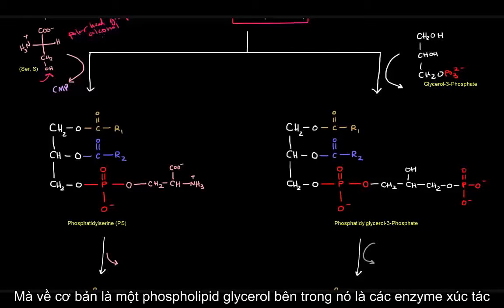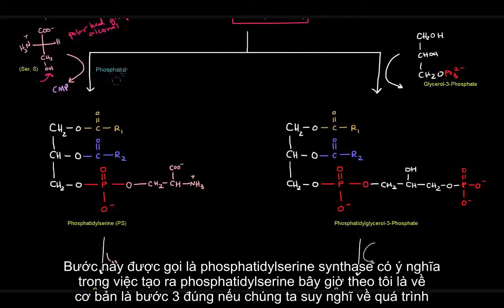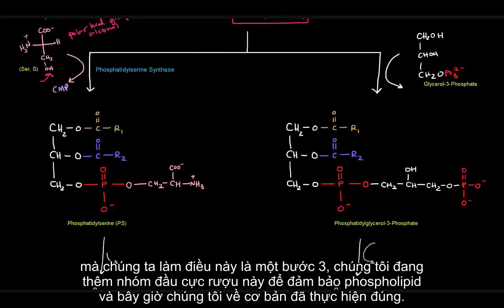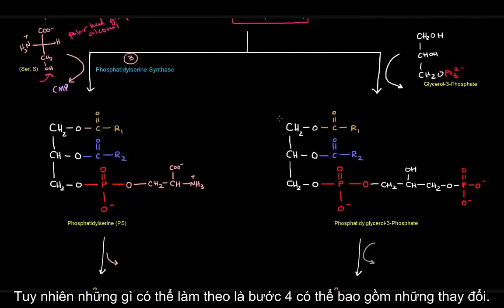The enzyme that catalyzes this step is called phosphatidylserine synthase, which makes sense. It's making phosphatidylserine. Now, that is basically step 3, right? We're adding this alcohol head group to make a glycerophospholipid, and then we're basically done, right?